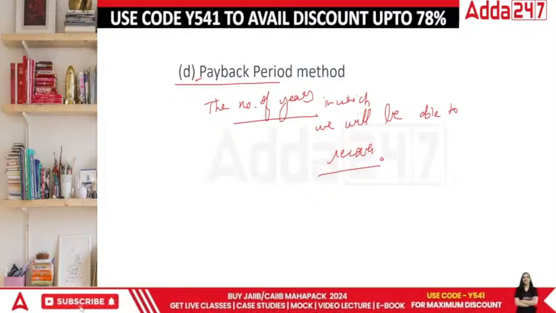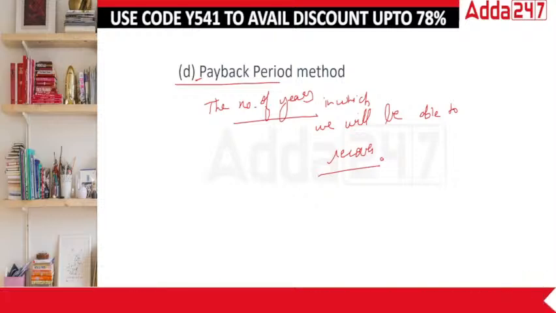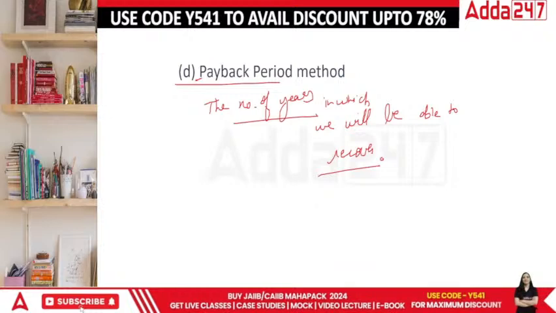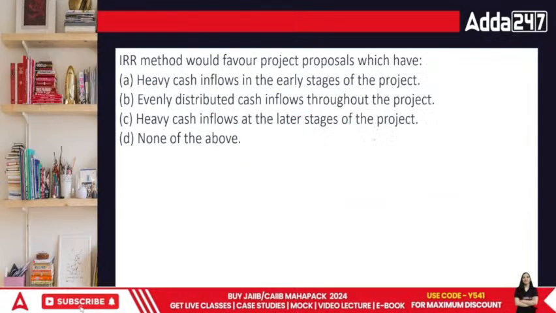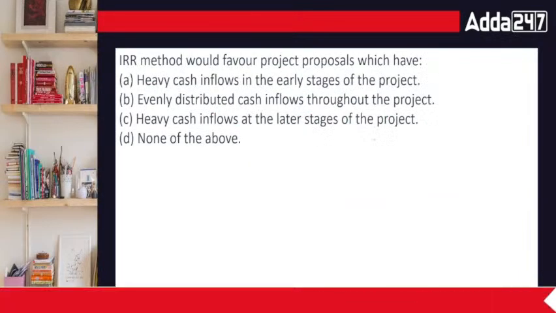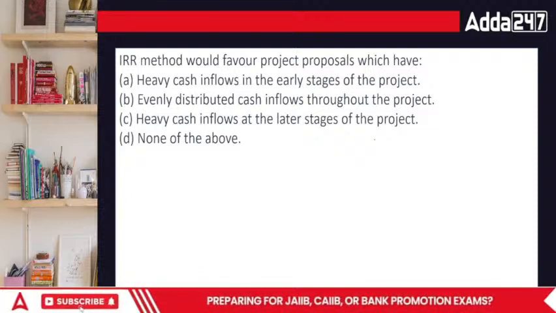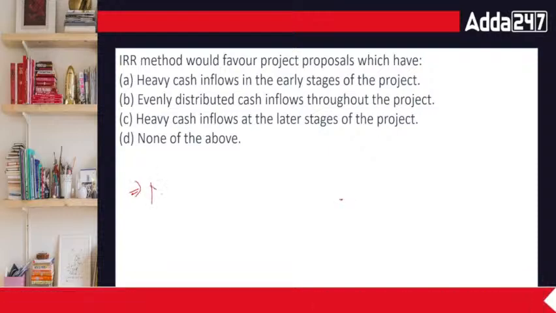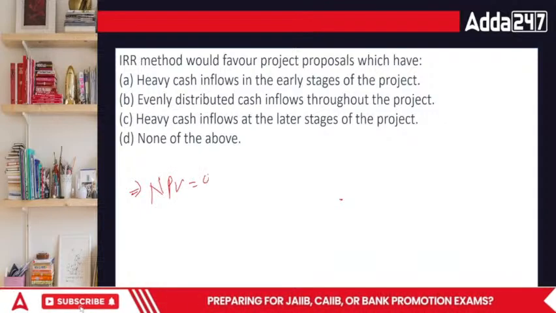Chaliye, let's look at the next question, everyone. IRR method would favor project proposals which have what? Internal rate of return. This is the rate at which your net present value is actually zero.